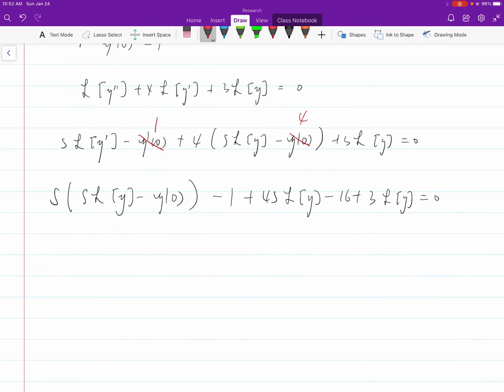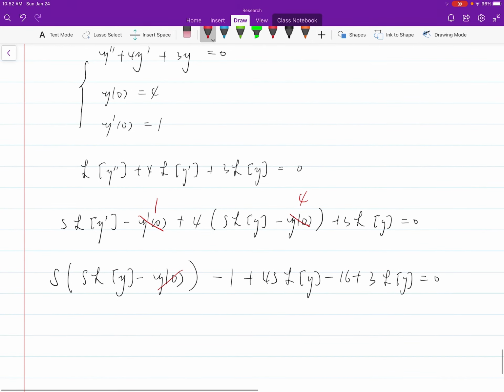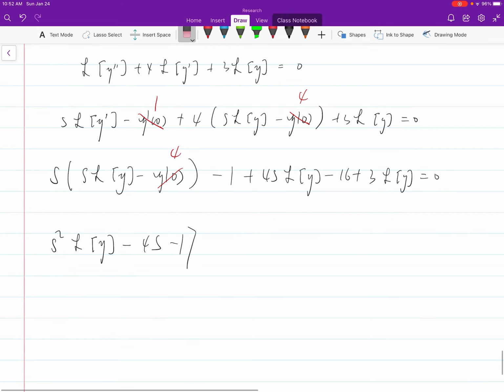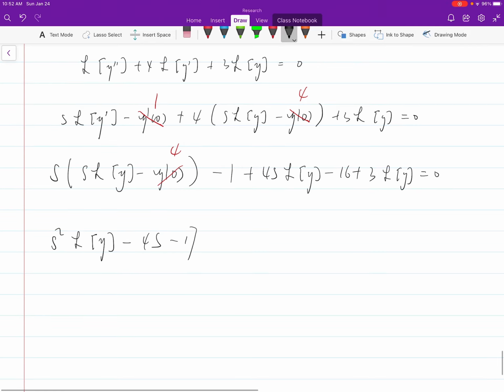Okay, keep going. This is 1. This is 4. So finally, S square Ly minus 4s minus 1, 17, if you put 1 and 17 together, okay, plus 4s Ly plus 3Ly equals 0.